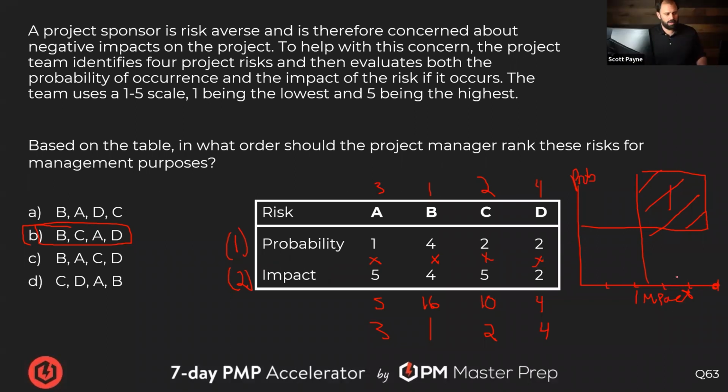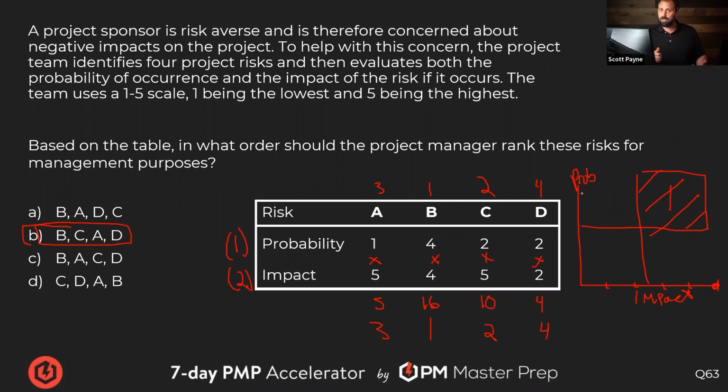I like that. It does go back to the probability and impact matrix, which we use a lot in risk. This is qualitative risk analysis.